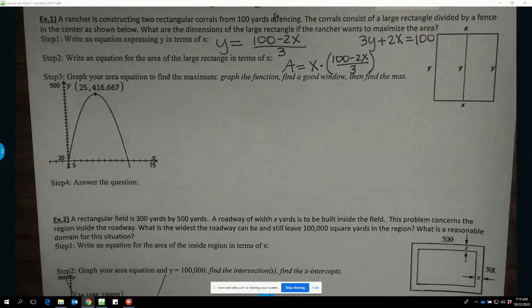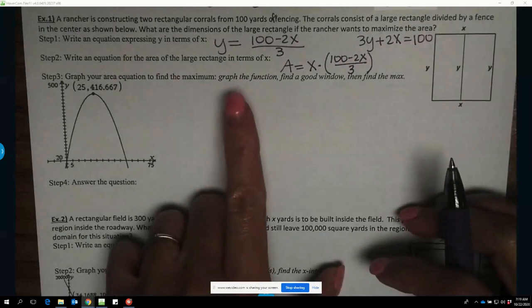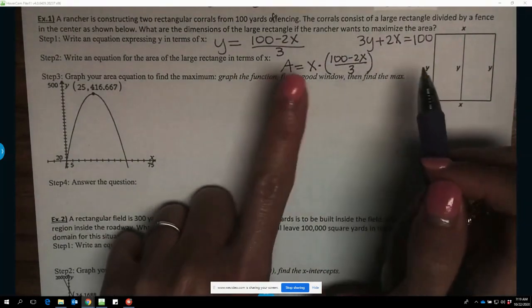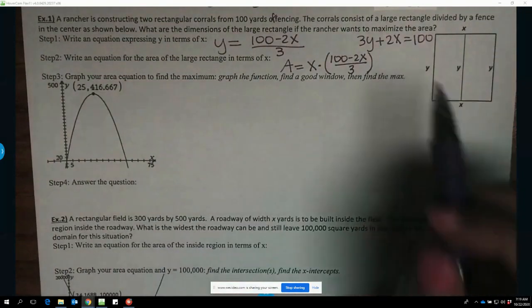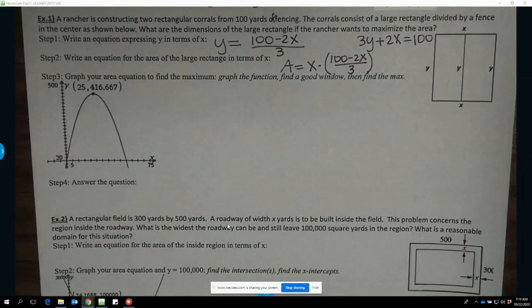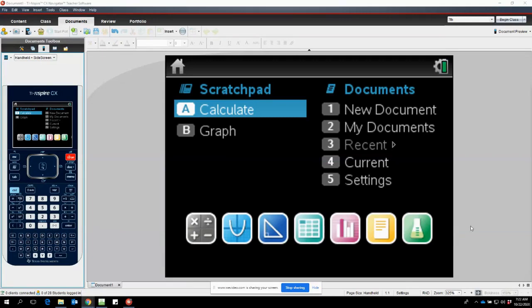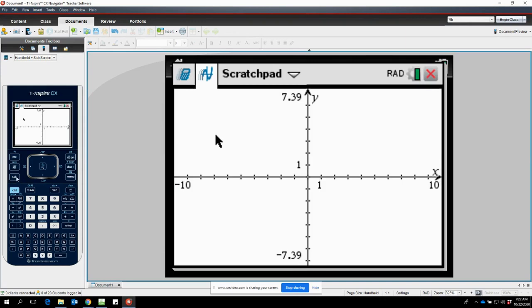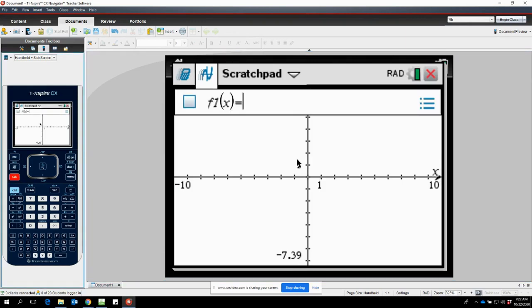And now step 3 says graph your area function to find the maximum. So for that, we are going to need a calculator now, so get it ready. We're going to have to graph this function, find a good window, and find the max. So on our graphing calculators, we're going to go to the graph and graph our area equation, which was x times parentheses.